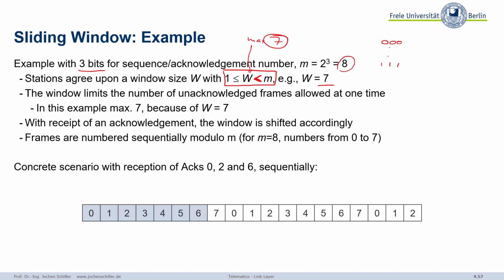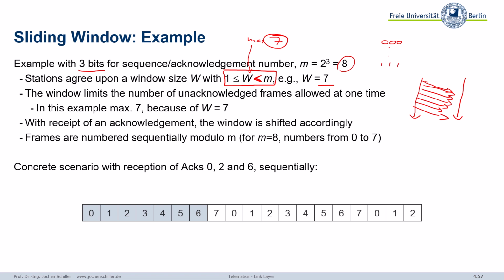So the window limits the number of unacknowledged frames. The idea was that we have to be a bit more efficient, with higher throughput. So if the window size is 7, we can send 7 frames without any acknowledgements, to be more efficient.